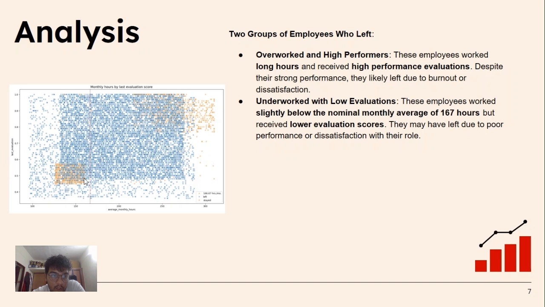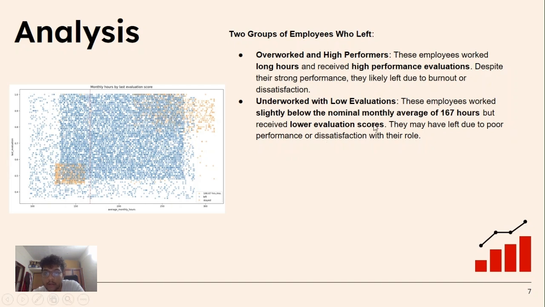They are the ones who left the company, and there is a second group of people who don't work much, who left, and who have received low evaluations. So basically what we can say is that the overworked, high-performing employees are the people who left the company because of burnout, and then there are the underworked with low evaluation.